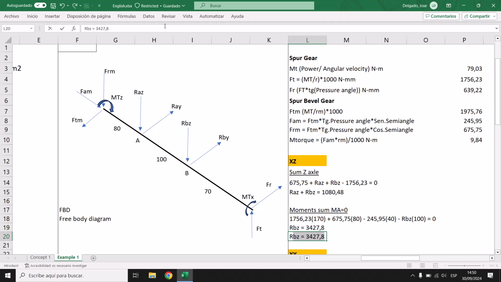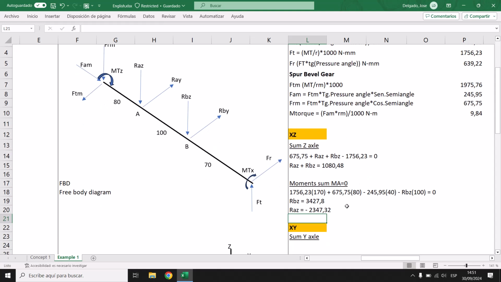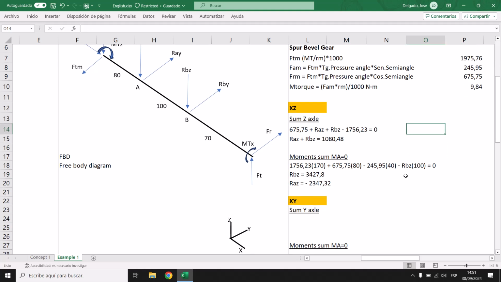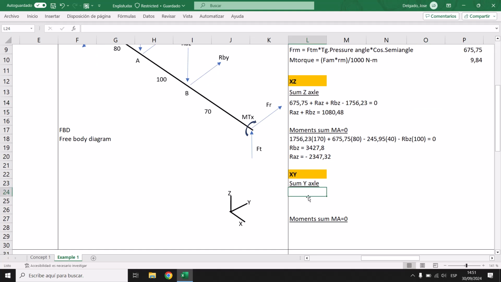For A, as you can see above, we're going to have minus 2000. Okay, this is going to be our value. But remember, we are in the XZ axes. So now we have to do the same on the X and Y axes. So just do the same. It's going to be our reaction here.